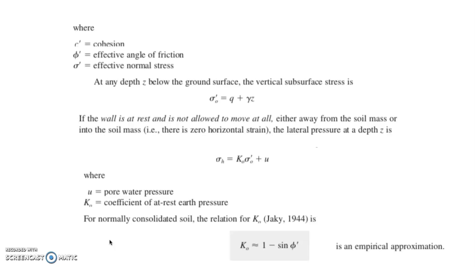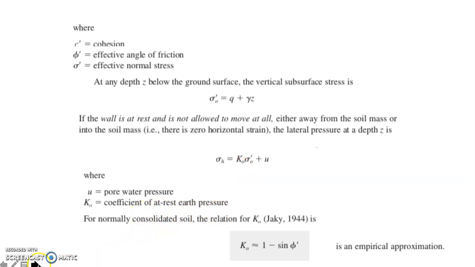As we have discussed in soil mechanics, when the present effective vertical stress is higher compared to the past vertical effective stress, that is normally consolidated soil. This is the formula that you're going to use to compute K sub naught, or the coefficient of at rest earth pressure.